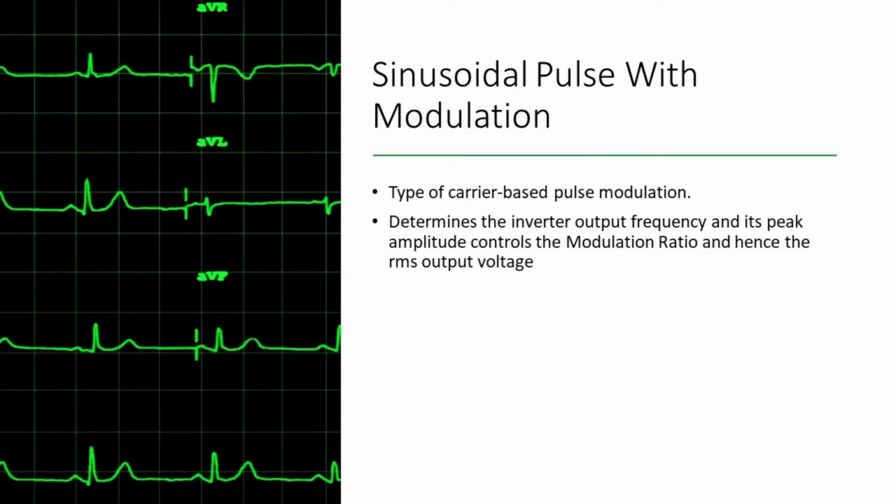Several pulses per half cycle are used, and the pulse width is a sinusoidal function of the angular position of the pulse in the cycle. A high-frequency carrier wave is compared to a reference signal having the desired frequency through a comparator.